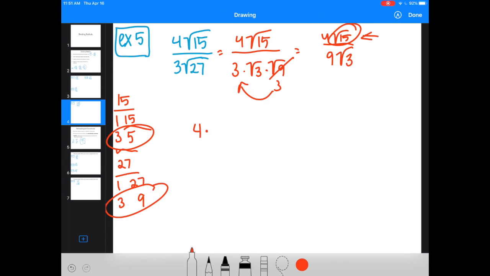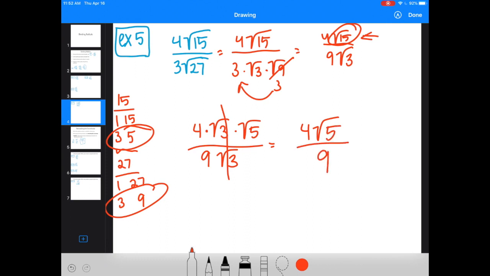So I'll have 4 multiplied by square root 3 times square root 5. And my square root 3's will cancel out. Now I'm fully simplified. So I have 4 square root 5 over 9.